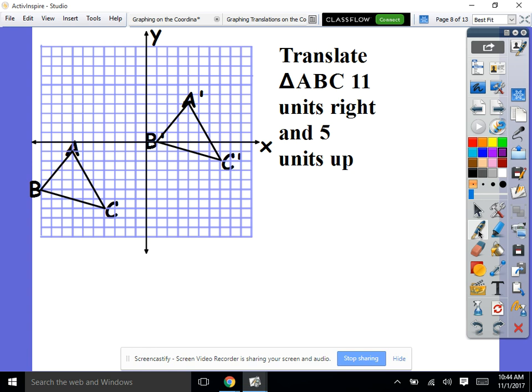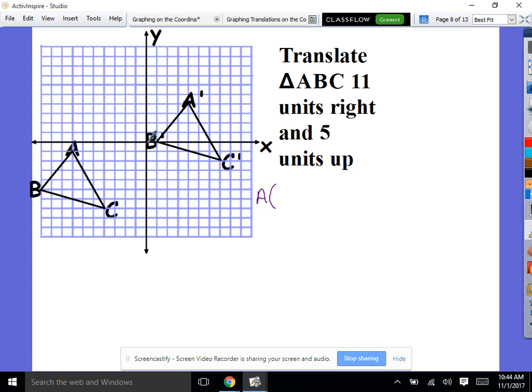Let's start with A. We always start at the origin and count. A is negative 7, negative 1.